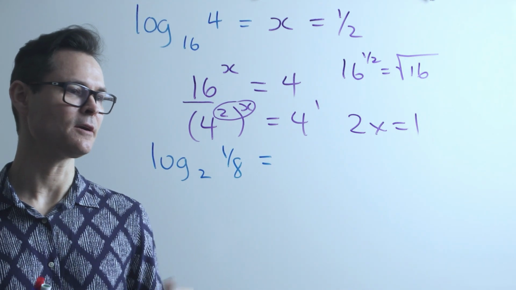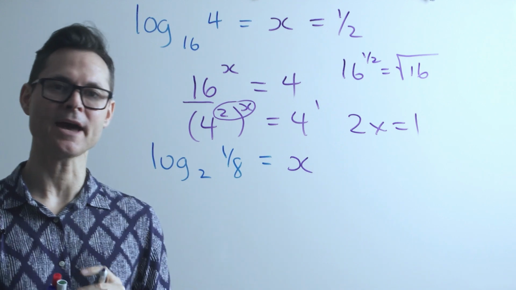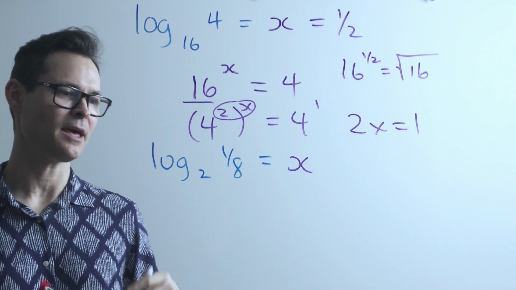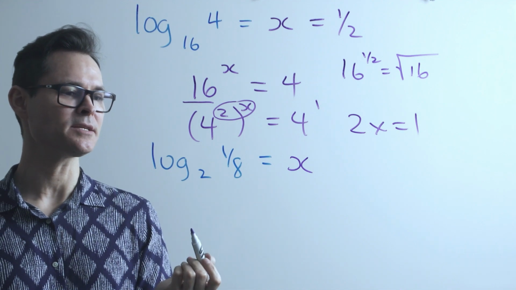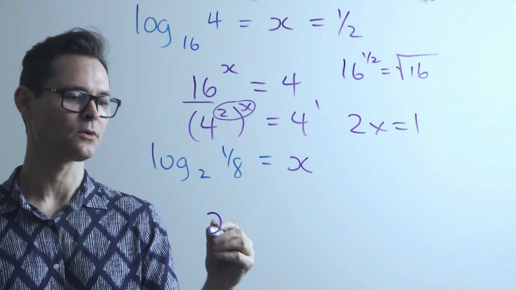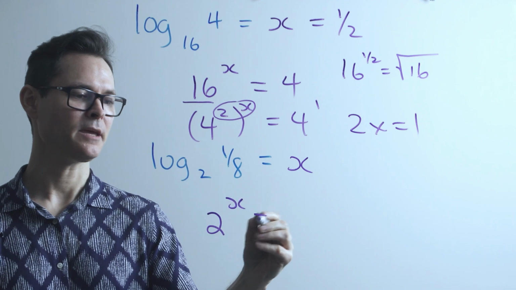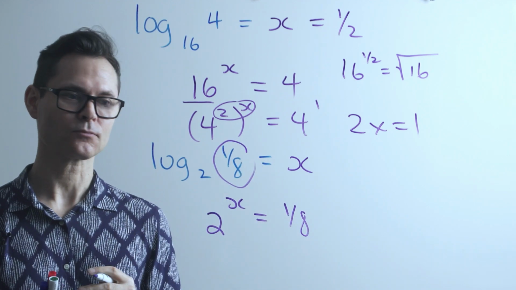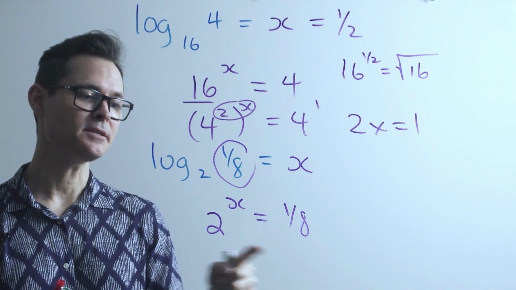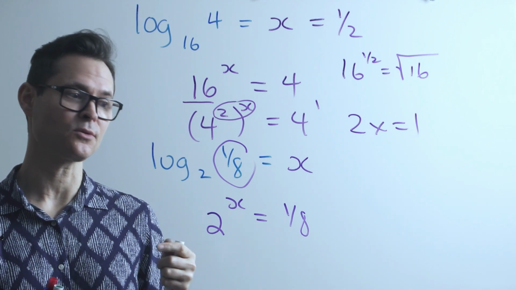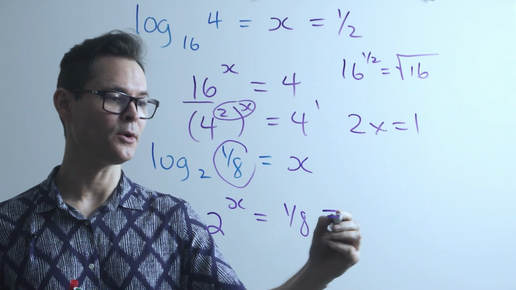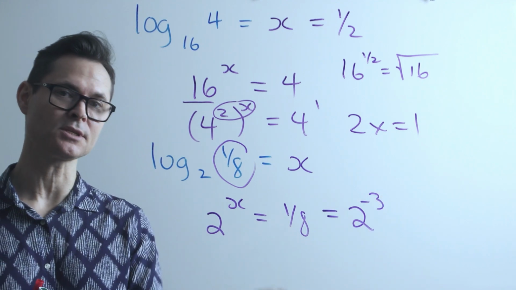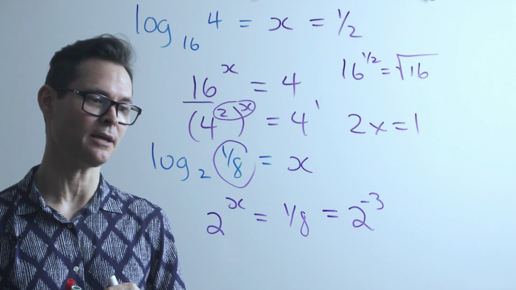Let's try this one here. Set it equal to x if you are just tired and your brain isn't working, and work it more mechanically. So the equivalent way of saying this is that base 2 to the x is equal to this number here, 1 over 8. Well, 8 is a power of 2, right? 2 to the 3. So I could write 1 over 8 as 2 to the negative 3, because 8 is downstairs, you move it upstairs and change it to a negative.